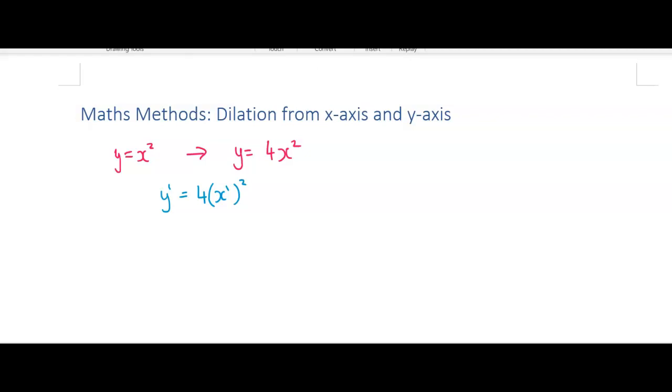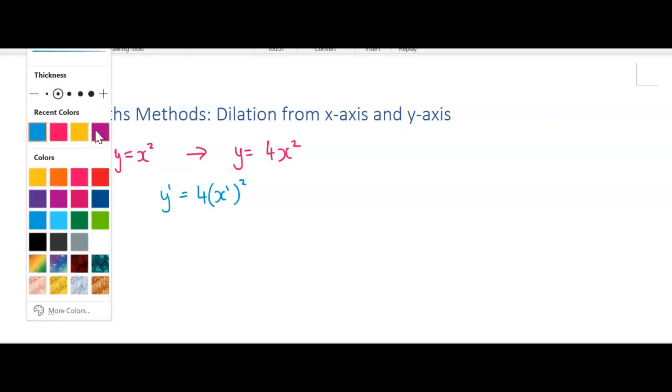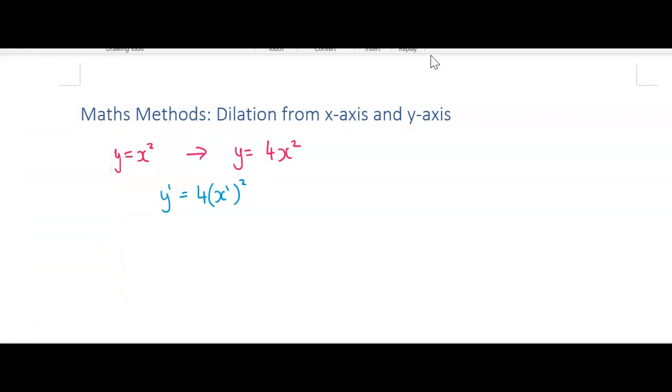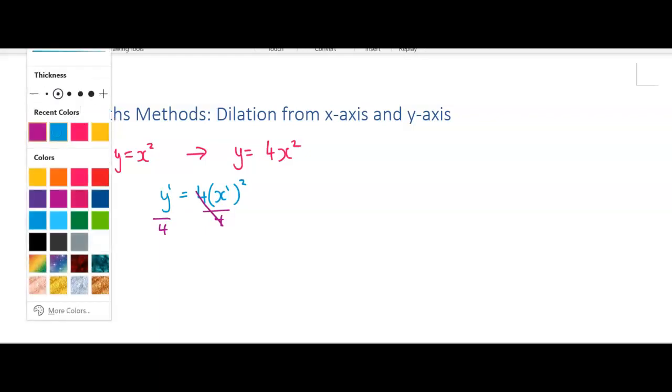Okay, so if we're doing a dilation from the x-axis, we know we're going to have a change on our y. So let's just divide both sides by 4, so they cancel out, and get back to blue.